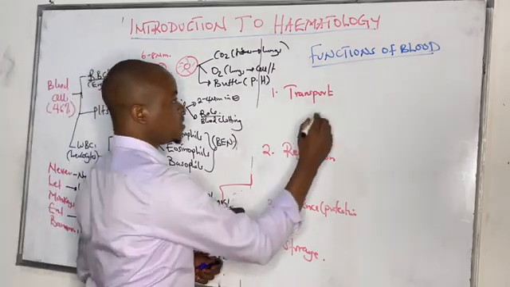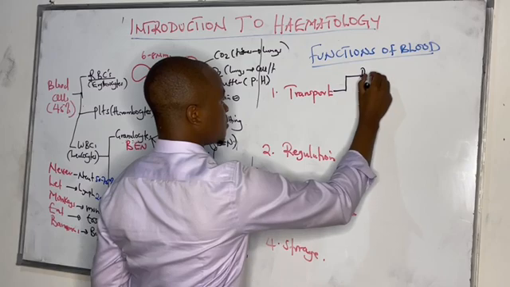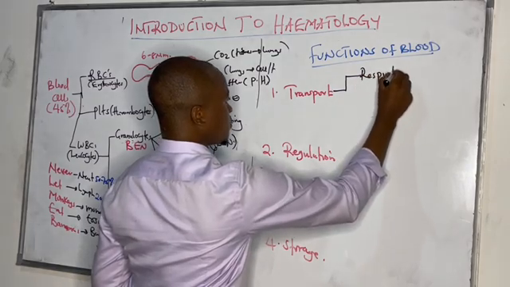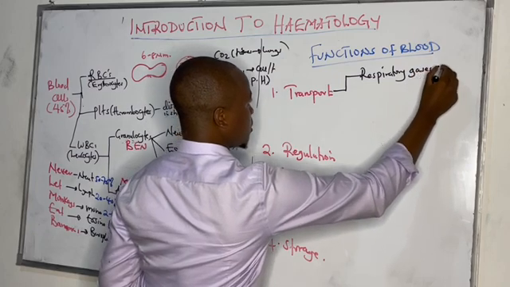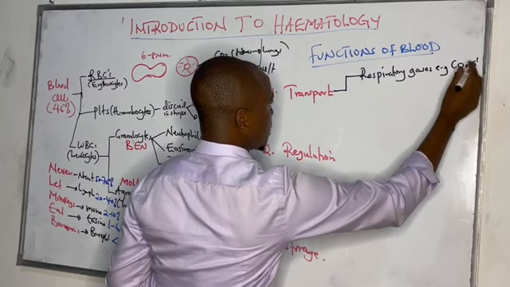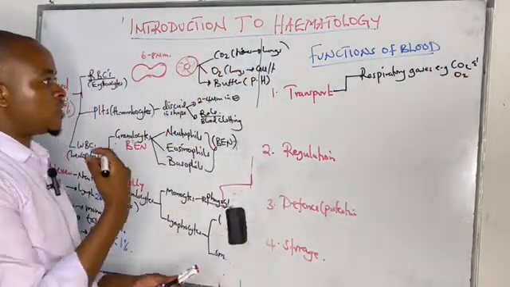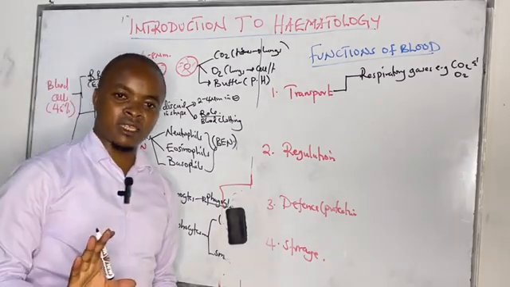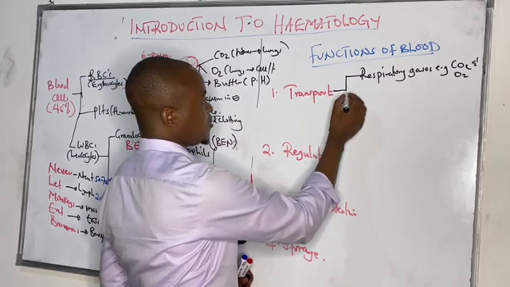Under transport, we see blood transporting respiratory gases like carbon dioxide and oxygen. Carbon dioxide from respiring cells to the lungs for expiration, then oxygen from the lungs to the respiring cells to provide energy for cellular respiration.